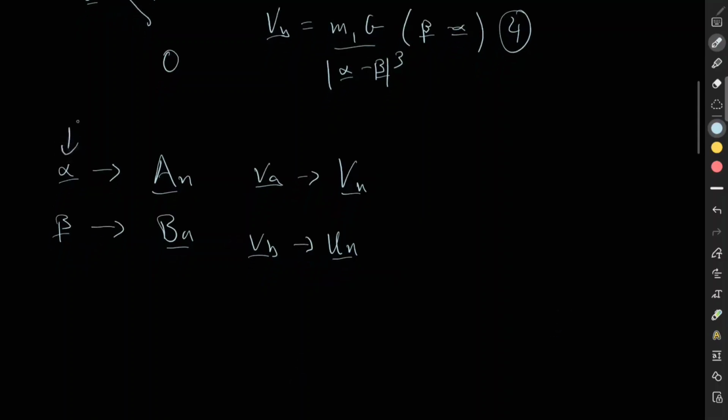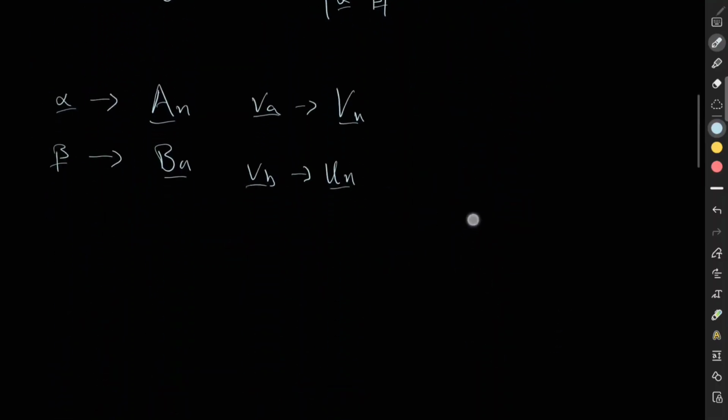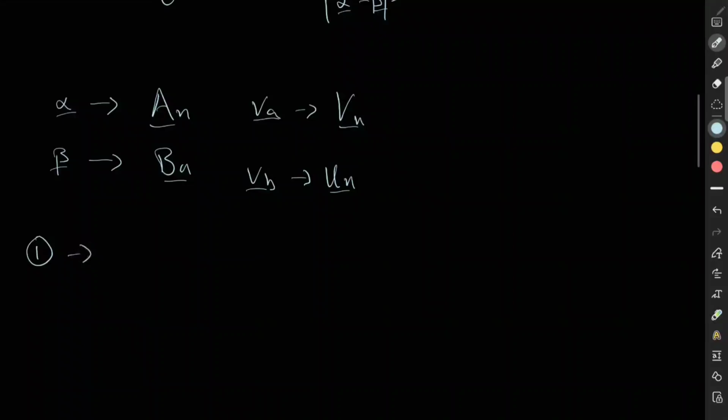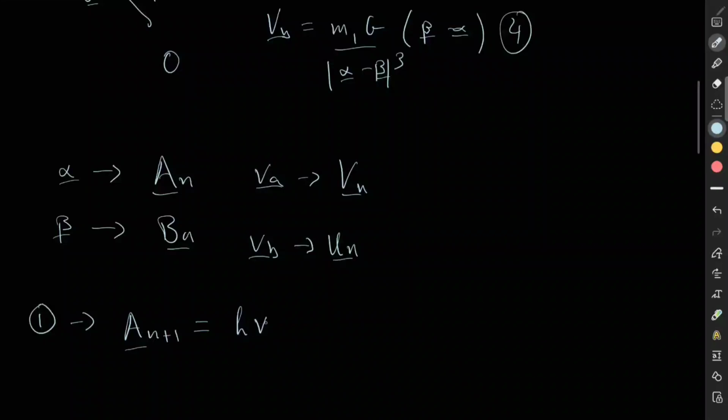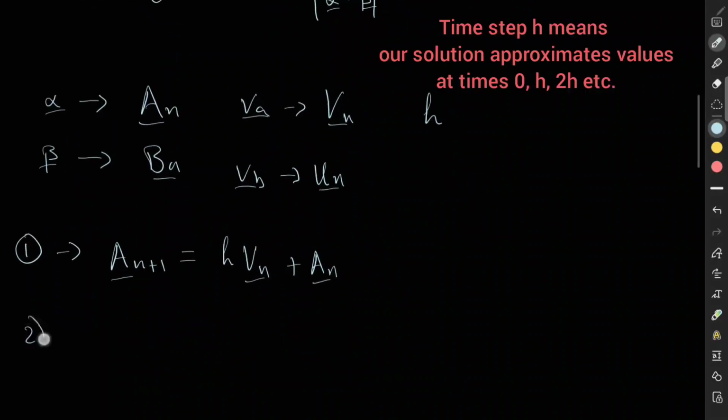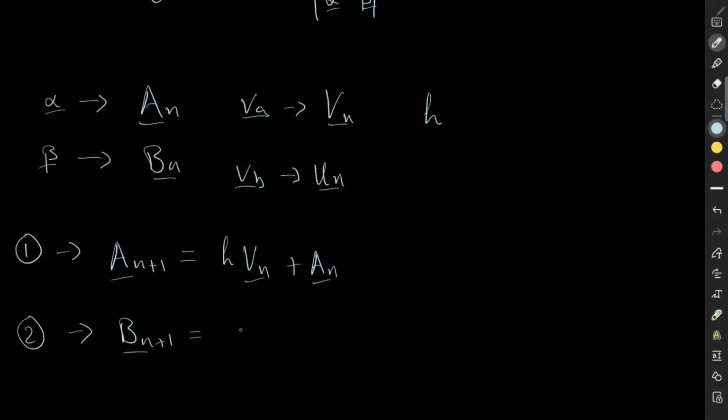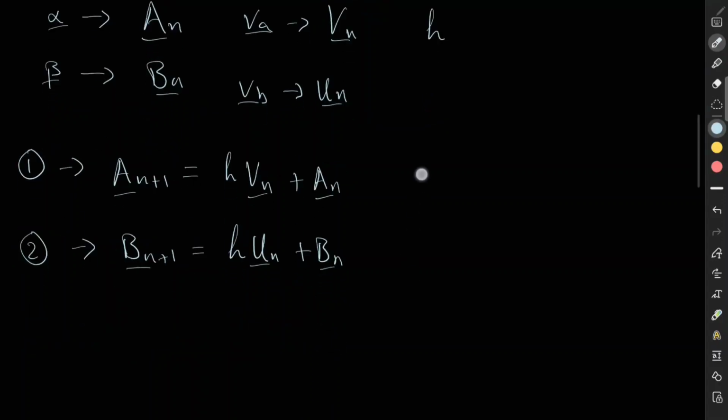Okay, so we go from continuous to discrete. So let's see what equations we get using Euler. So 1 becomes a_{n+1} is equal to h V_n plus a_n. I should say we're using a time step h. Now equation number 2 is b_{n+1} is equal to h u_n plus b_n.